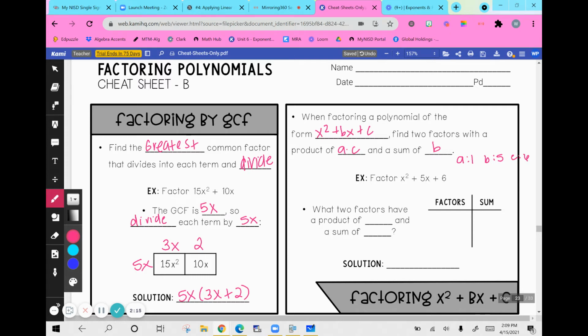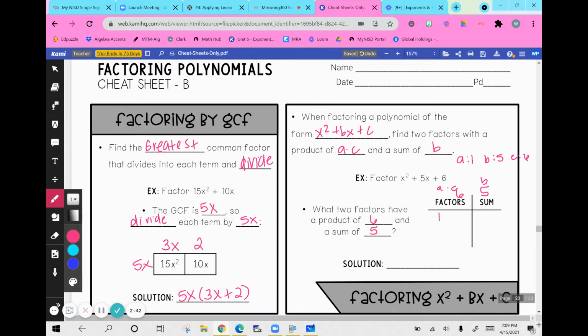Okay? So I want them to have a product of a times c. So 1 times 6 is 6. So we want a product of 6, and we want them to have a sum of our b value, which is 5. So we want a product of 6 and a sum of 5.